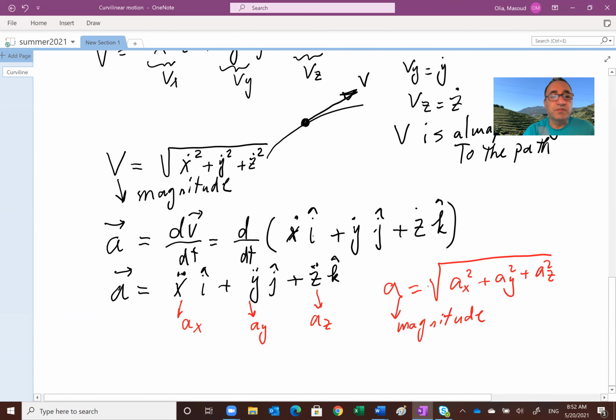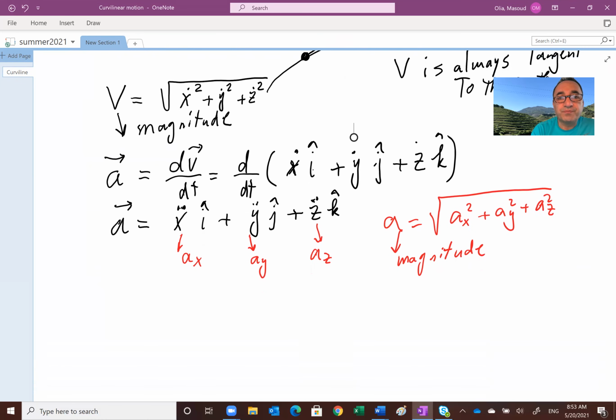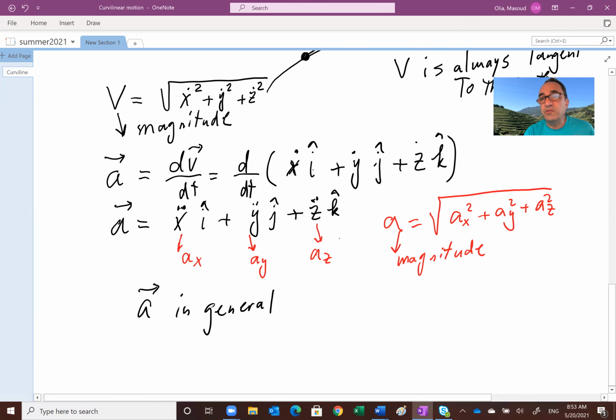But keep in mind, guys, that the acceleration vector in general, unlike velocity, which is tangent to the path, is not tangent to the path of motion.